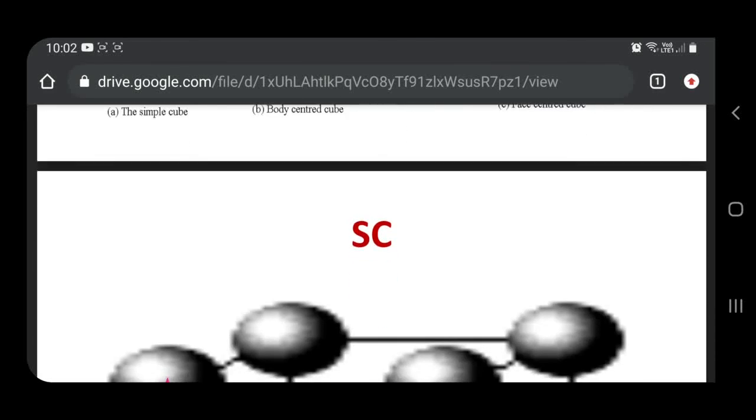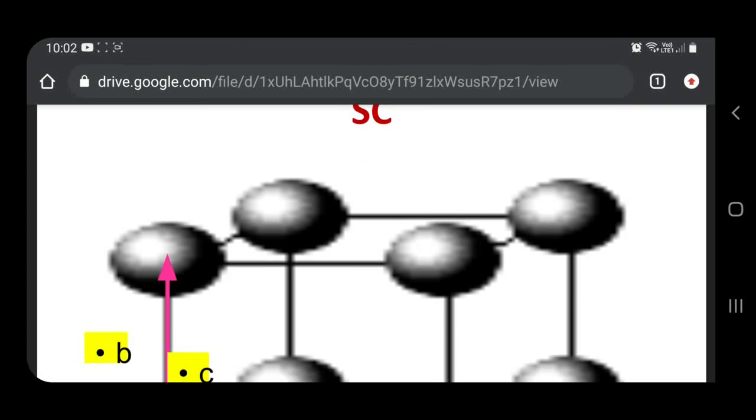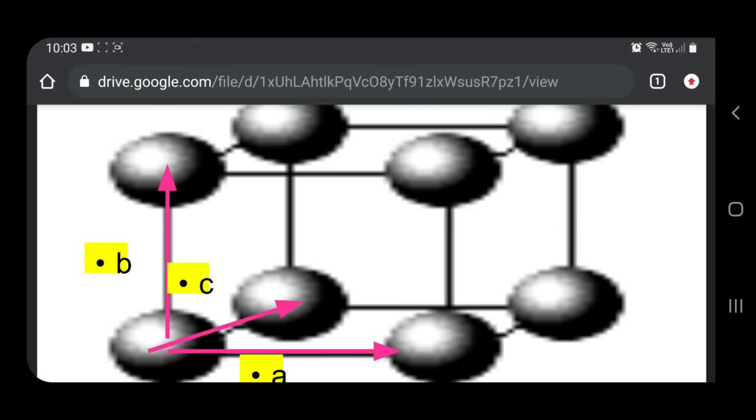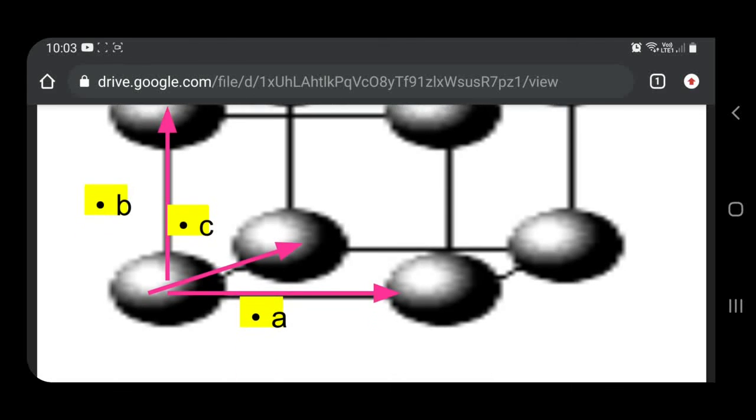The simple cubic is represented as SC. At the corner, the primitive vectors: A is a primitive vector along X, along Y it is B, and along Z axis it is C. A, B, C are the edges of the cube. At each corner there is a lattice point where an atom is hung. So this is simple cubic.